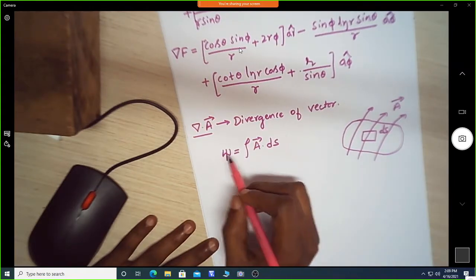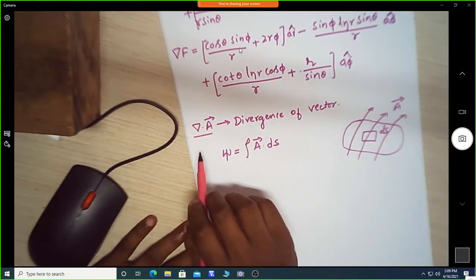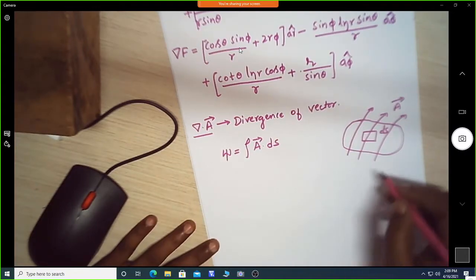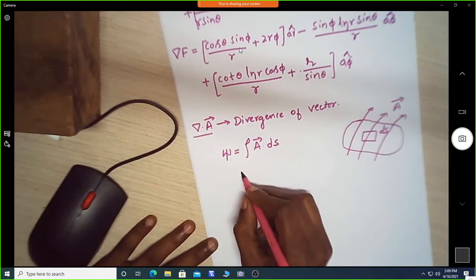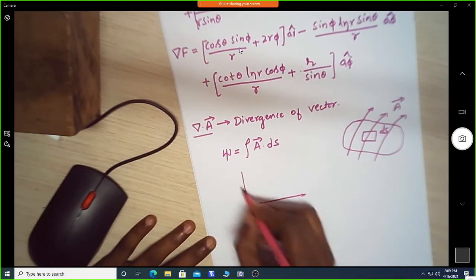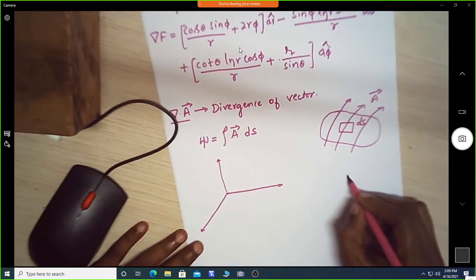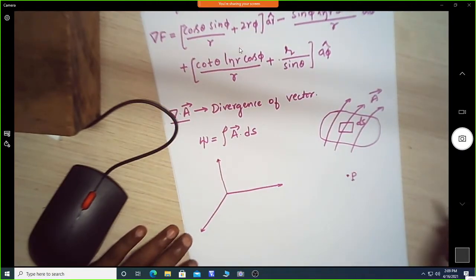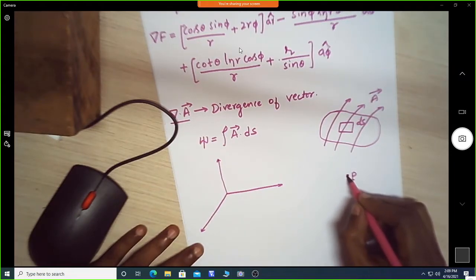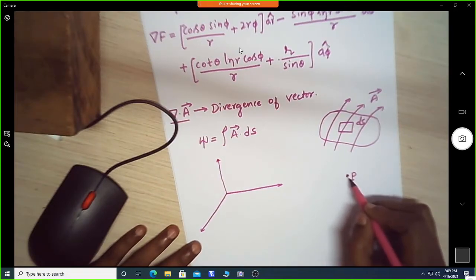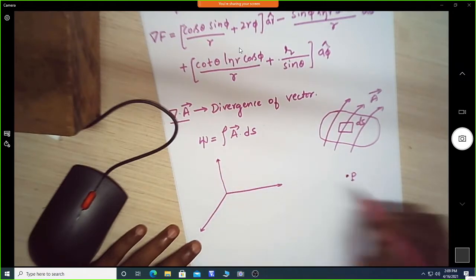Okay. So now if I want to define the divergence of a vector A, say for example I have a coordinate system like this, and some point P. Now if I want to tell what is the divergence of vector A at this point P, it may be anywhere in the given coordinate system.